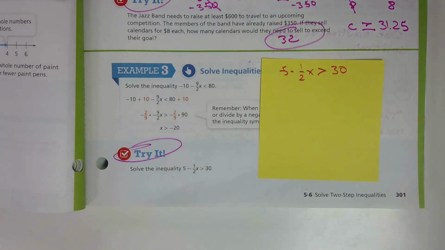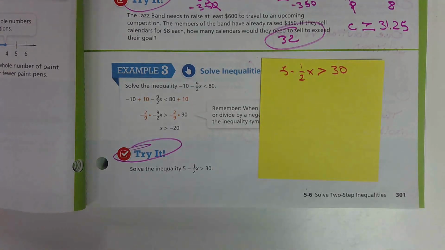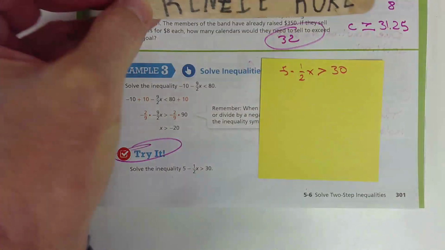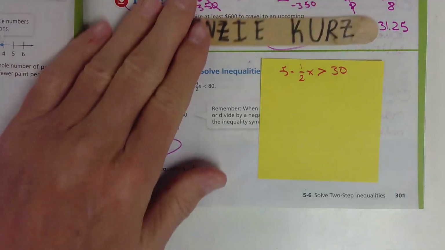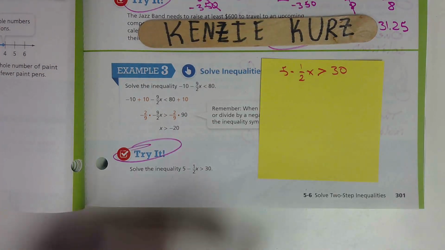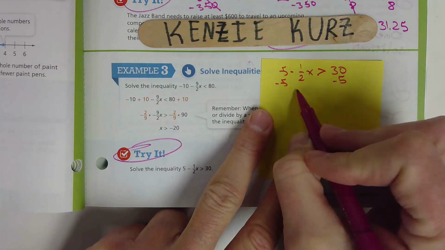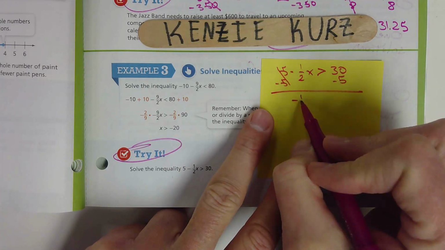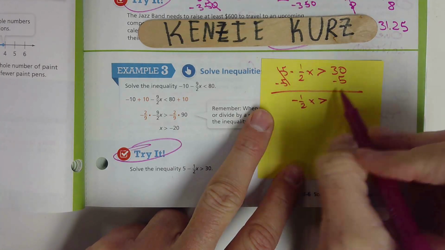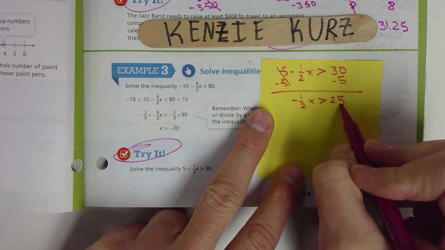Let me pull a stick here. Miss Kurz, what's the first thing you would do here? Yeah, subtract 5. Subtract 5. They cancel out, so we have a negative 1/2 x is greater than 25.